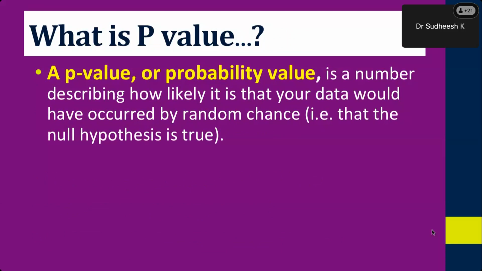Let us say the p-value is less than 0.05. What does it mean? Say group A had a value of 250, group B had a value of 280, and the p-value is 0.043. What does it mean?